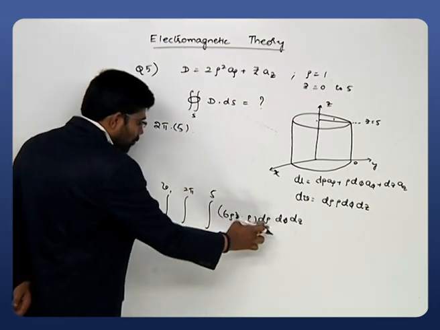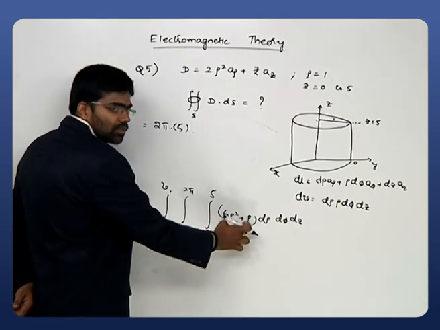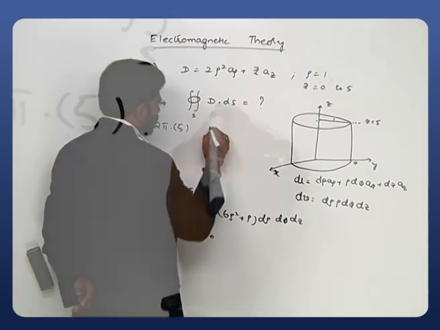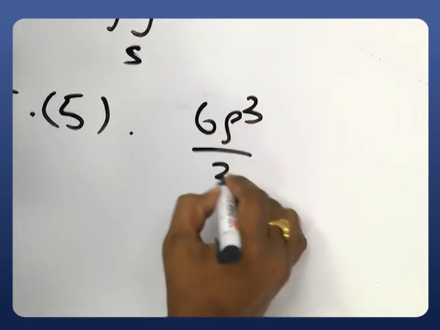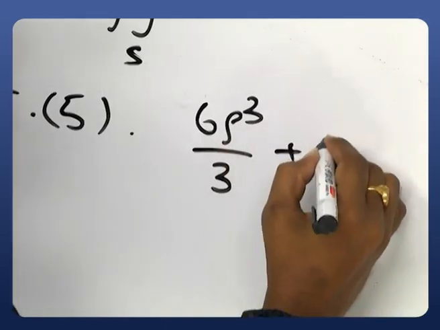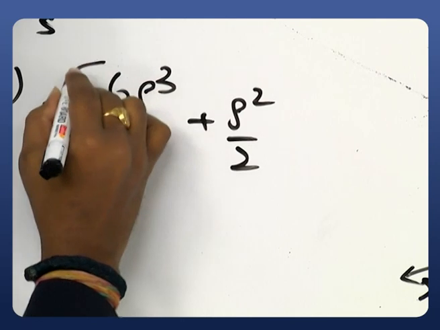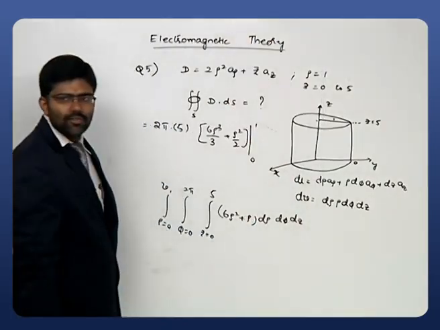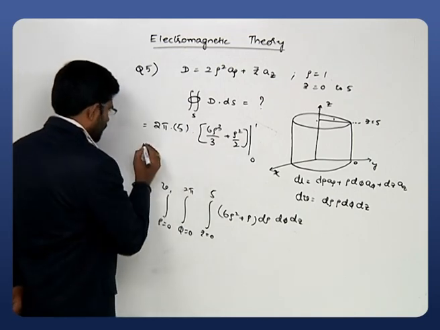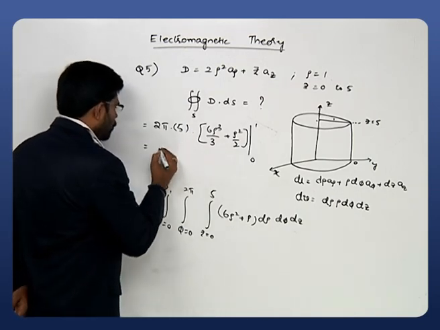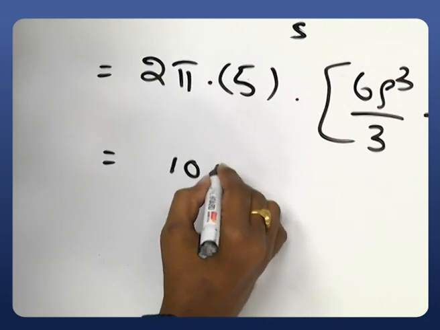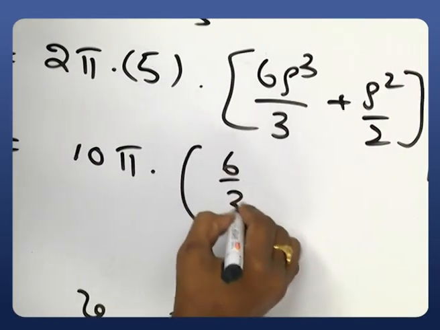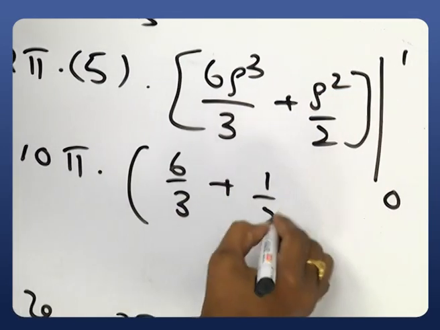Now the integration is only for 6 rho square plus rho, that is with respect to rho. So the integral is 6 rho cube by 3 plus rho square by 2, with limits from 0 to 1. We need to evaluate this, which equals 2 pi into 5, which is 10 pi, times 6 by 3 plus 1 by 2.